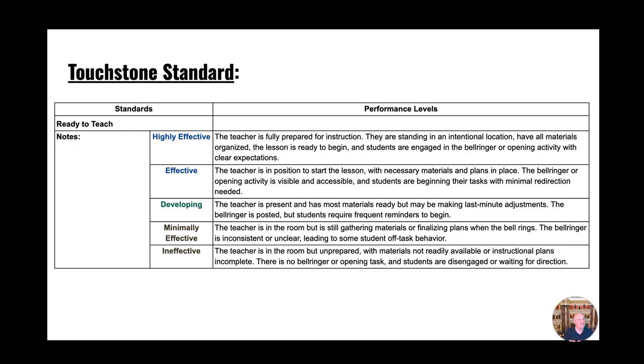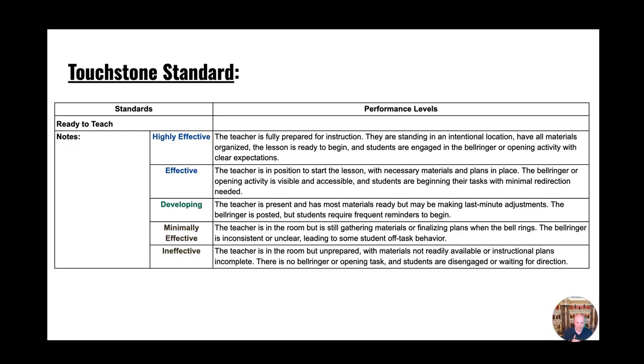We want to hit highly effective. Let's take a look at what that looks like. This is what we want to be by the mid-year, by the end of the year. We want to hit that highly effective plateau. So the teacher is fully prepared for instruction. They are standing in an intentional location, have all materials organized. The lesson is ready to begin, and students are engaged in the bell ringer or opening activity with clear expectations.